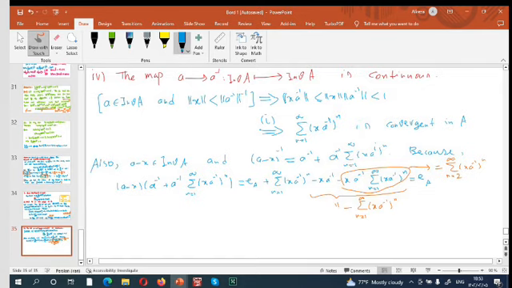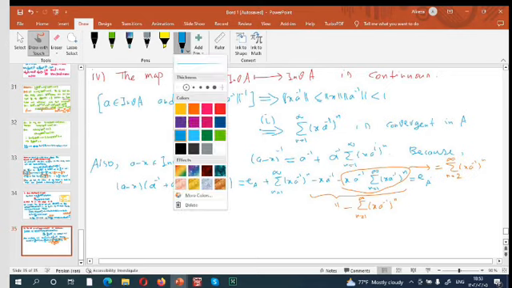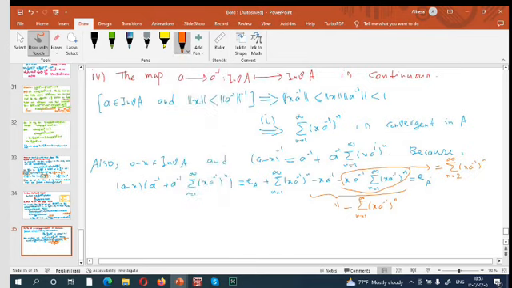And this shows that this is the inverse of this element.